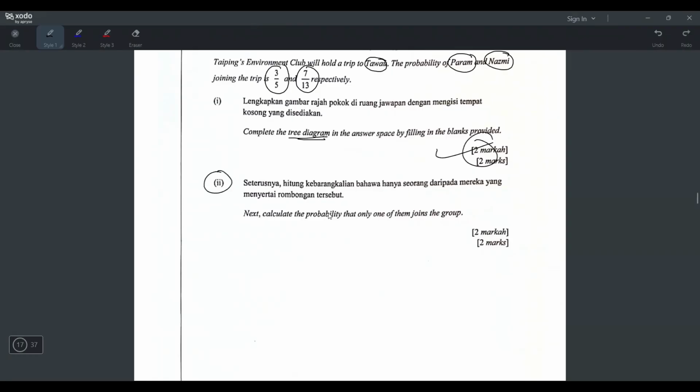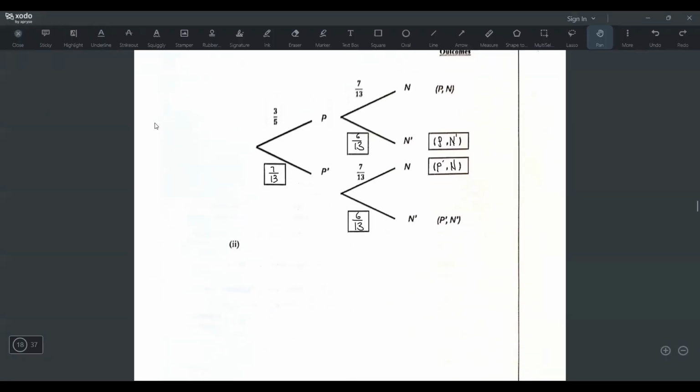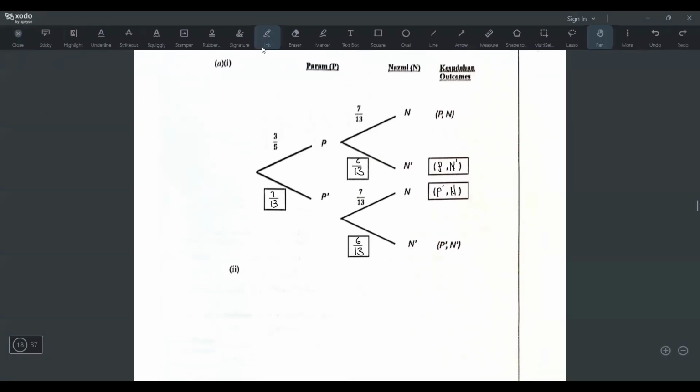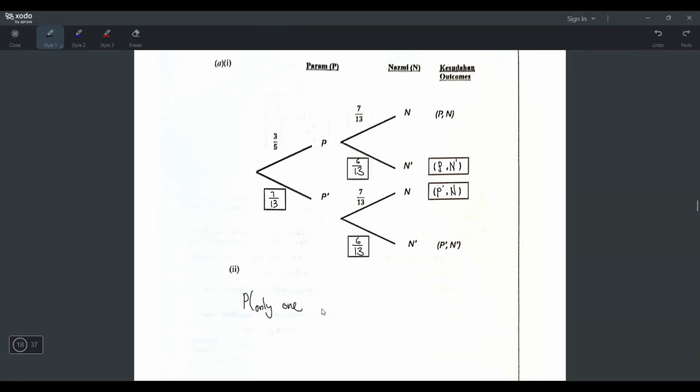Okay, number 2, calculate the probability that only one of them joins the group. Okay, this is easy. So probability of only one joins. What I will do is leave an empty line here, and then write probability only one joins. Why you have to leave one line empty is that you have to write down the outcome.